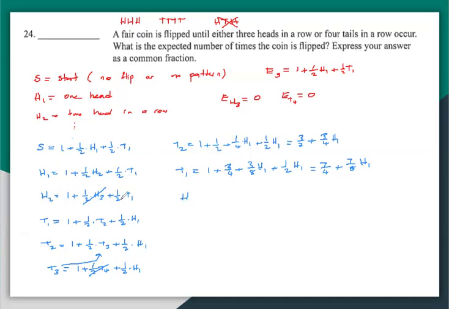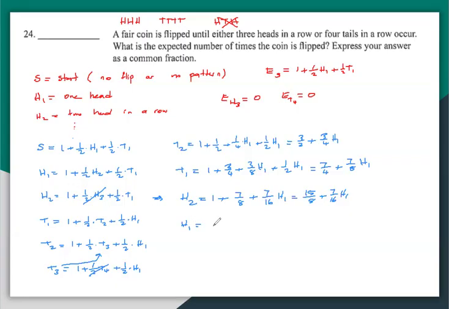I'm going to take the 1/2 of this one, which is 7/8 plus 7/16 H1. If I simplify this a bit better, you will get 15/8 plus 7/16 H1. And now we have H1. The H1 would be just 1 plus 1/2 H2 plus 1/2 T1.